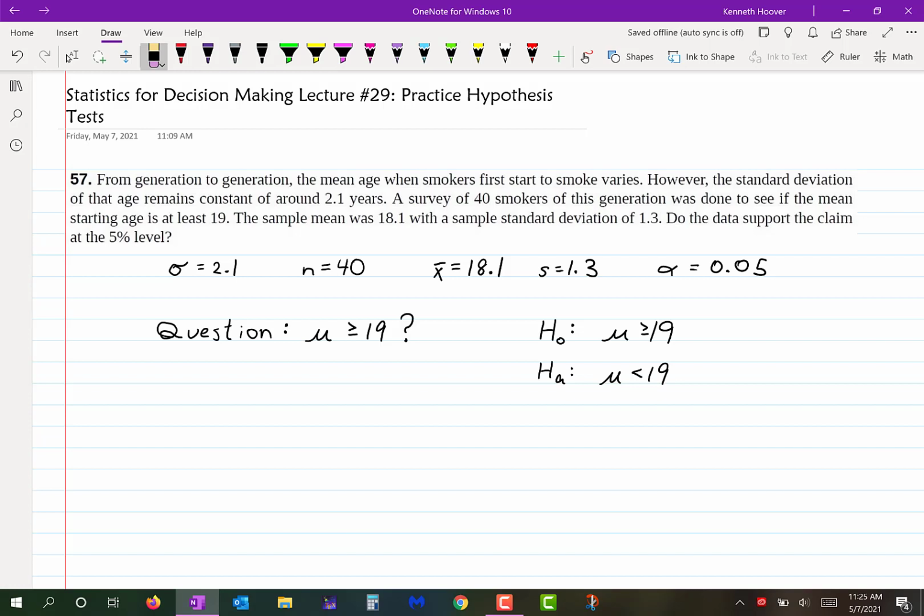I'm going to tell you the answer. We should use the normal distribution because why? Because we know sigma. If you know sigma, then use the normal. Okay, I'm going to write that down.